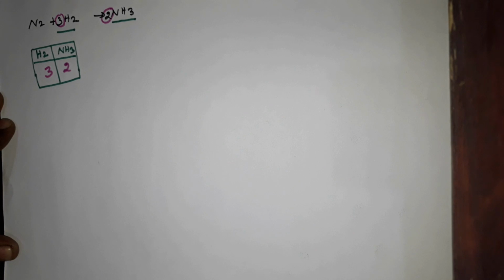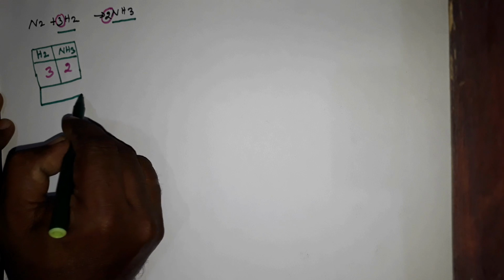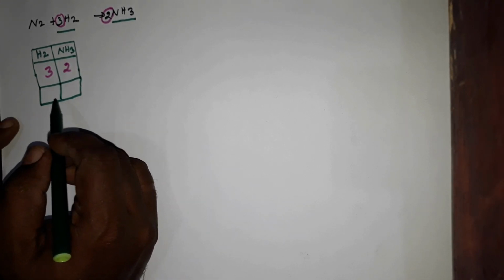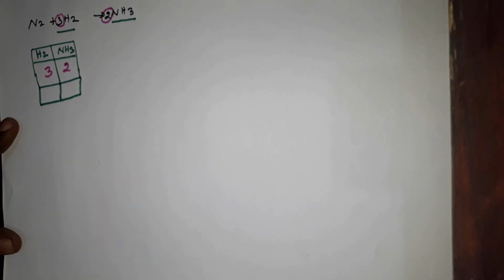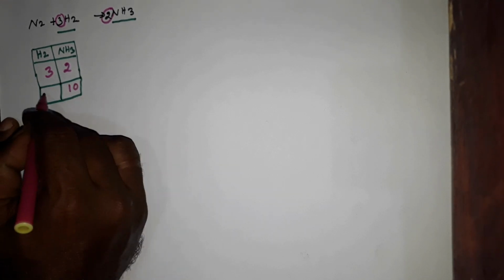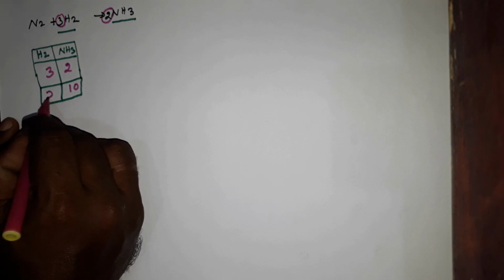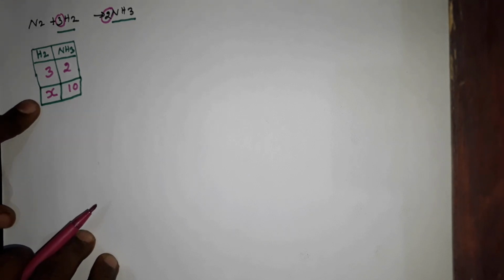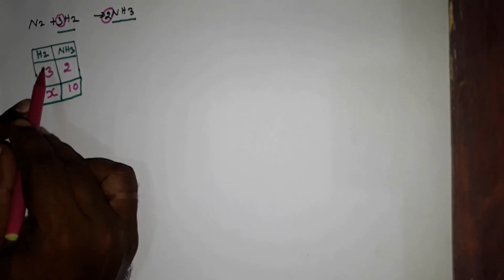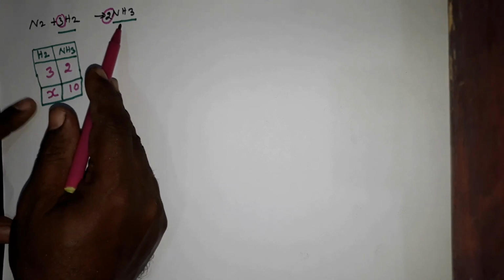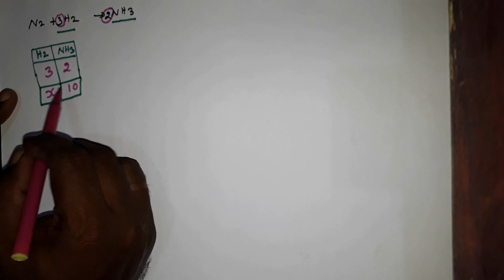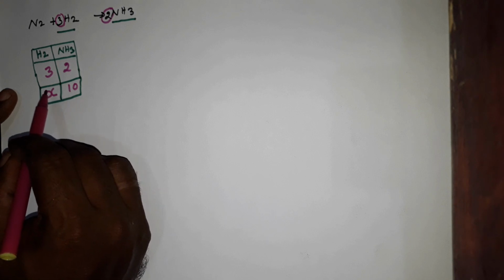Then add another column. Here in the question, 10 moles of ammonia required, how many moles of hydrogen? So keep x for hydrogen because we need hydrogen. So 3 moles of hydrogen produce 2 moles of ammonia. Then to produce 10 moles of ammonia, how many moles of hydrogen is required?